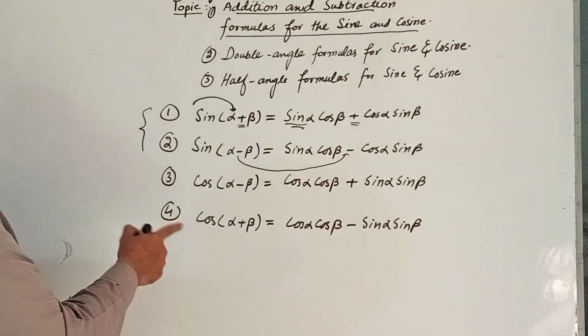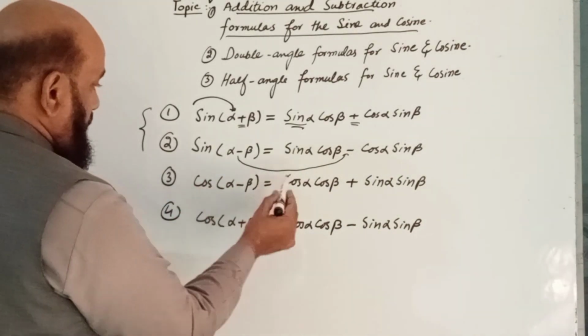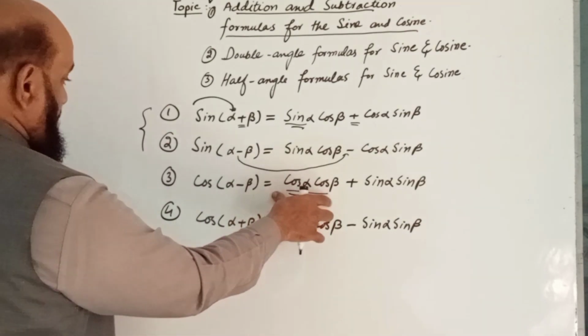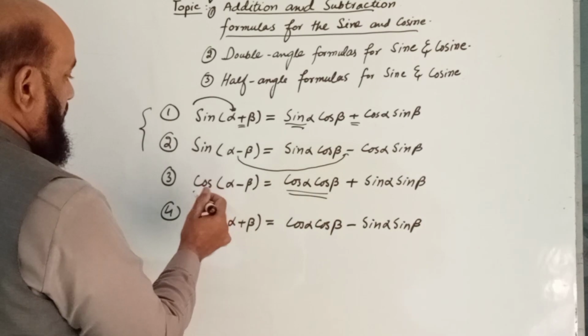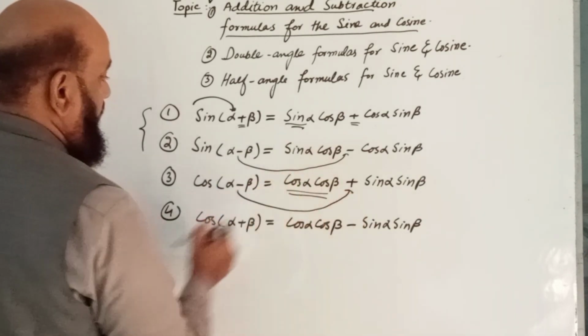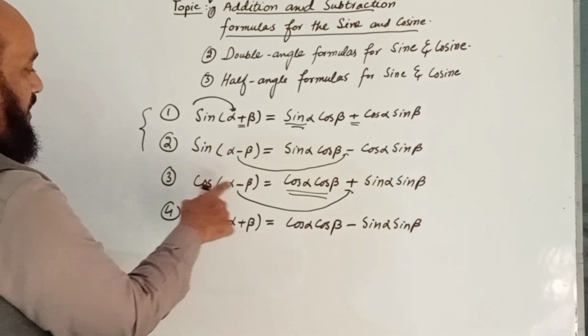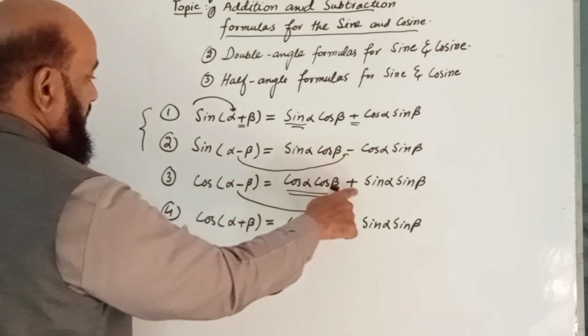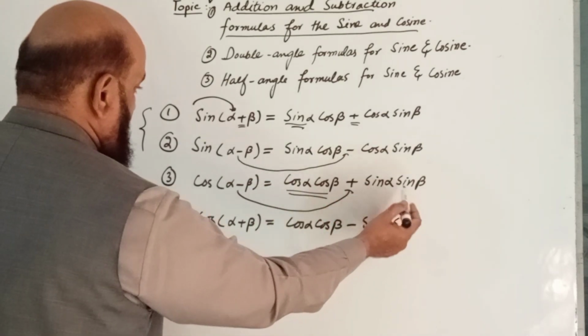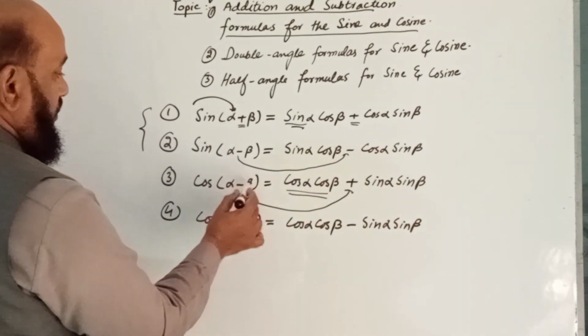Now in cosine case, first of all both alpha and beta will be on cos function, cos alpha, cos beta. Minus will be converted into positive. In case of cosine, the negative sign is converted into positive, and then both sine alpha and sine beta will be used on these both angles.